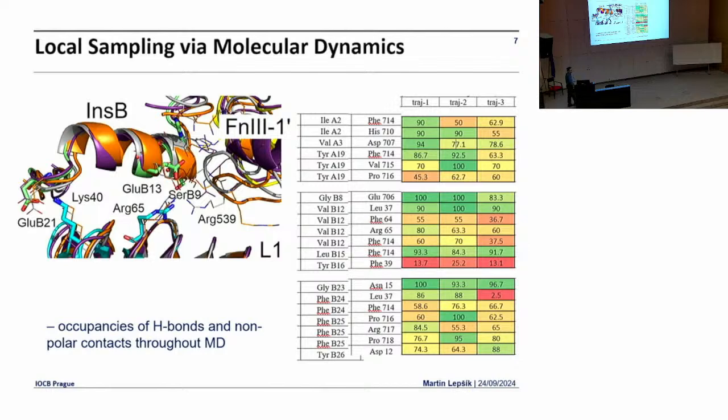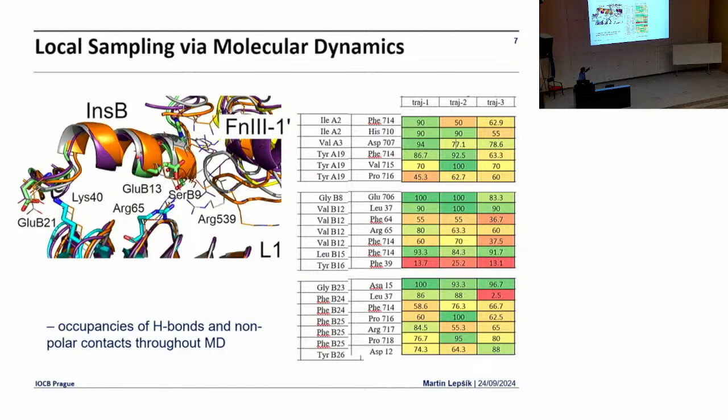So this is a case where you may see in sticks this cryo-EM structure, and in lines there are several snapshots, so you can see how the movements are. Even you can see the loops that do move enough, I would say.